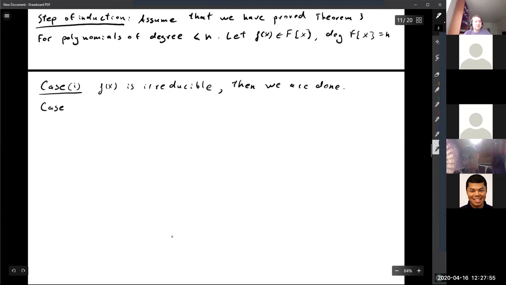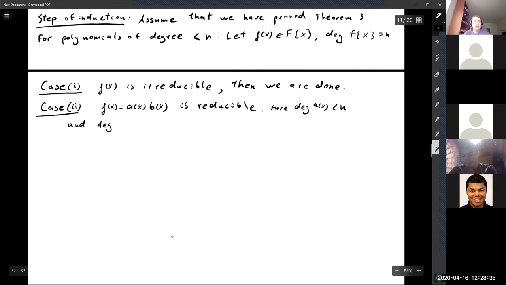Now, case two, f of x is reducible and is the product of a of x and b of x, where the degree of a of x is strictly less than n, and the degree of b of x is strictly less than n.